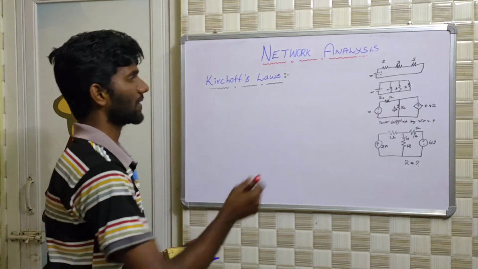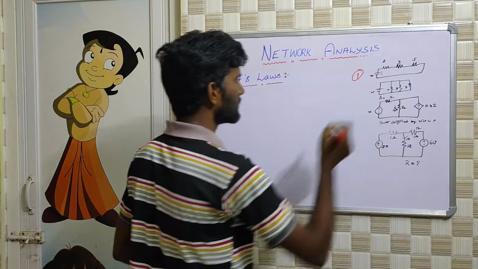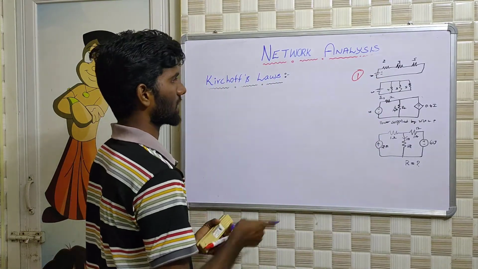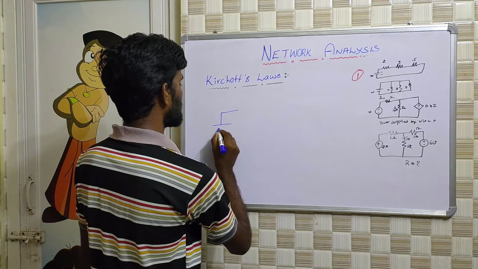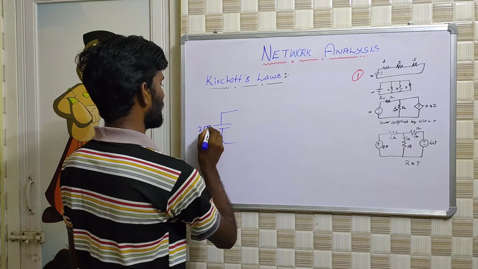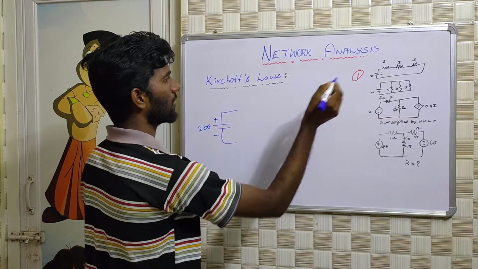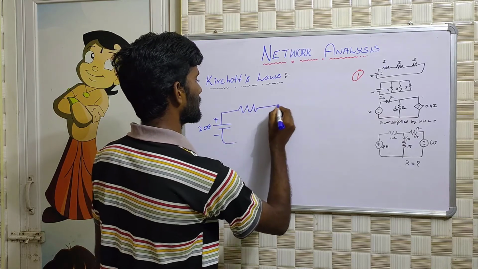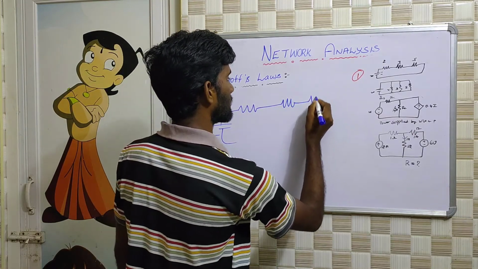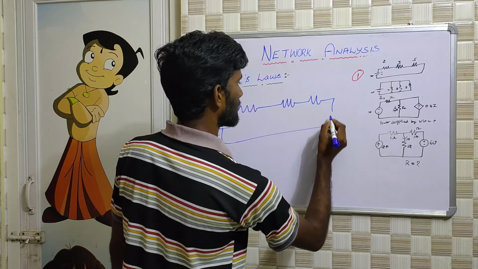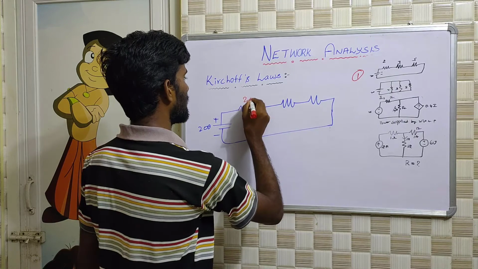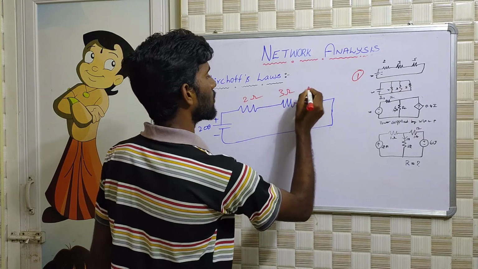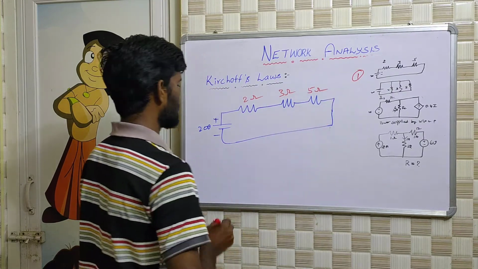Let me take a first example, which has a voltage source of 20 volts and 3 resistors: 2 ohms, 3 ohms, 5 ohms.